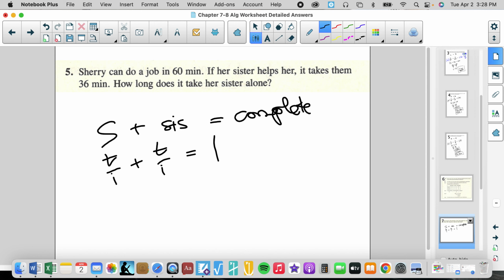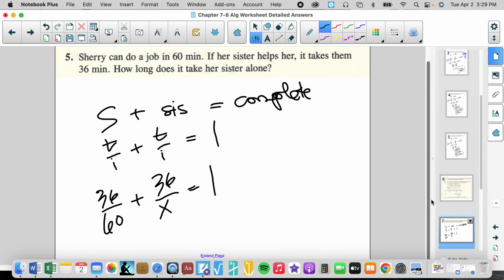Sherry can do the job in 60 minutes. If her sister helps, then it takes them 36 together. We're missing the individual. We're looking for her sister's individual time.